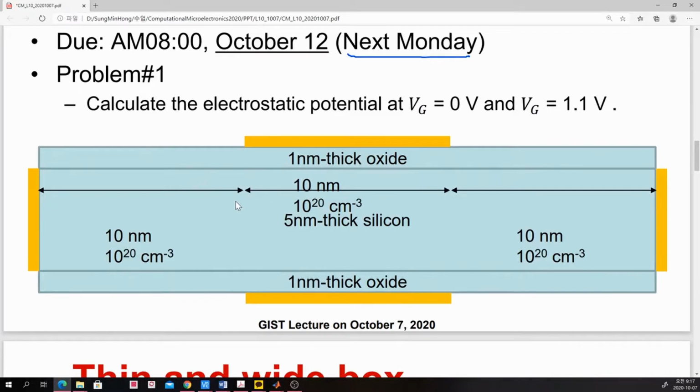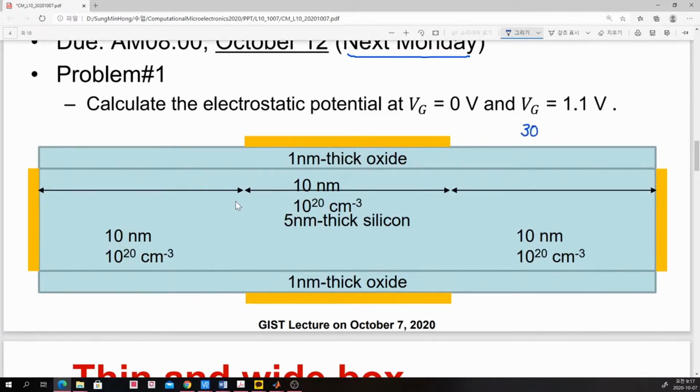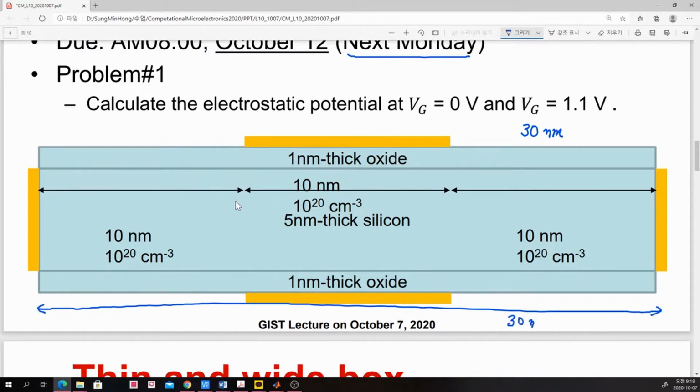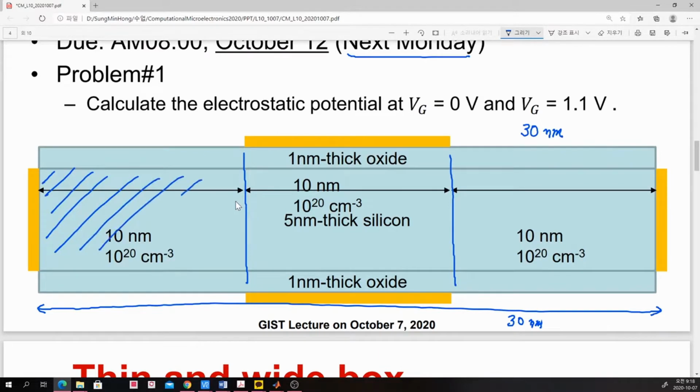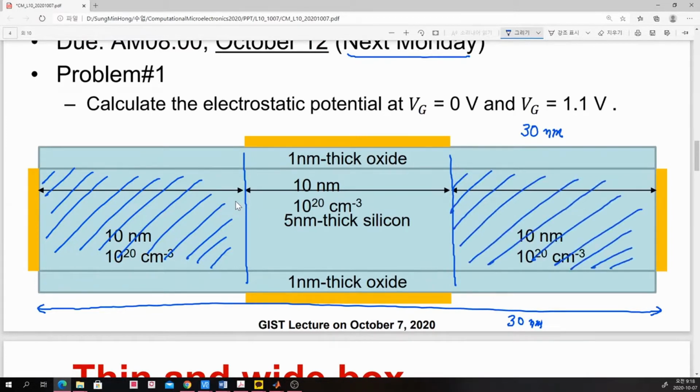Now we have in total 30 nanometer. So this is a 30 nanometer long system, and we can divide it into 3 pieces of equal length. This part here is the source region, and this is the drain region, and at the center we have the channel region.